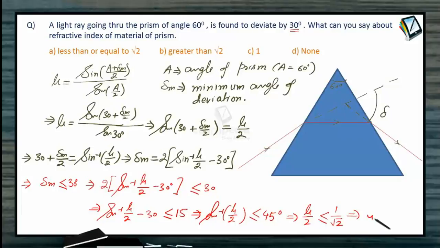So finally, mu is less than or equal to root 2. So this is something we can say about the refractive index of the material of this prism. So option A will be the correct option to this question.